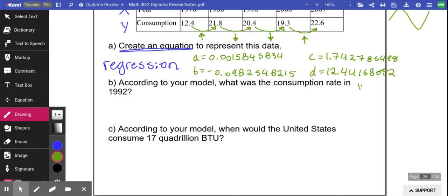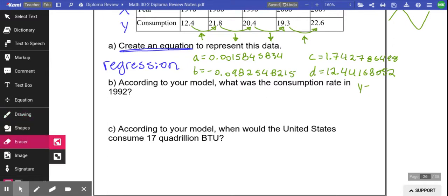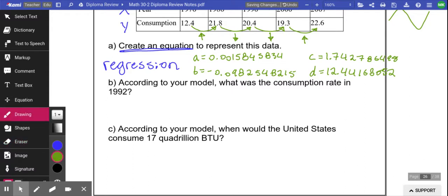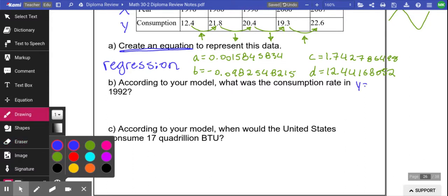This should be y equals 0.00156 x cubed minus 0.09 x squared plus 1.74 x plus 12.44. Sorry, it's messy. I didn't really have room. Do write out the equation. Don't just write the values.